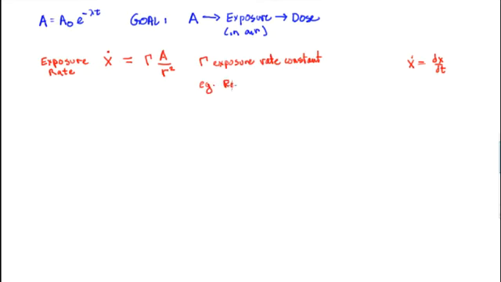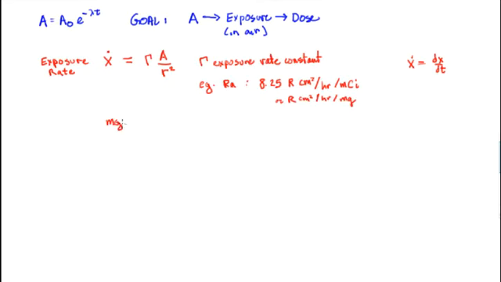So let's take an example. Radium has an exposure rate constant of 8.25, and the units here are Roentgen centimeters squared per hour per millicurie, or if you're talking about radium, you sometimes say Roentgen centimeters squared per hour per milligram of radium.